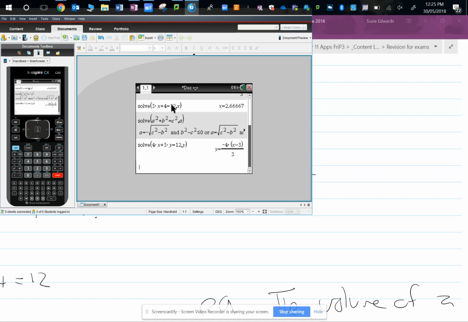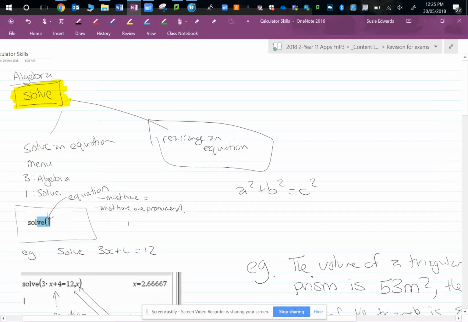How does it know that you want it rearranged? Because any equation which you're rearranging will have more than one pronumeral in it, otherwise it can't solve. If it's got one pronumeral, it's going to find you the answer. If it's got more than one pronumeral, it's going to rearrange it, okay? Any questions?